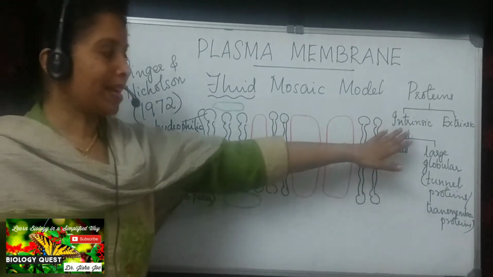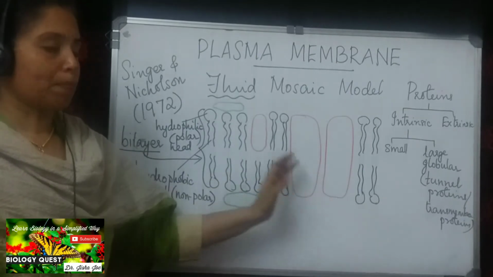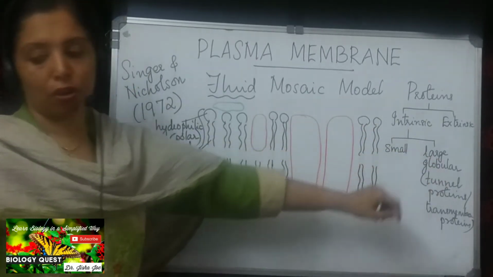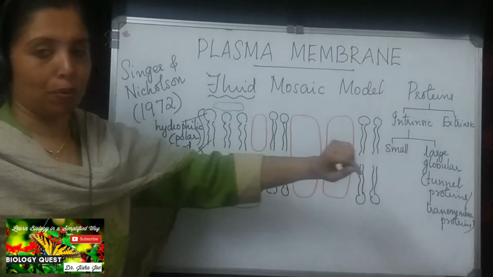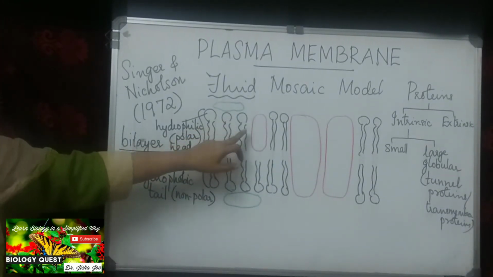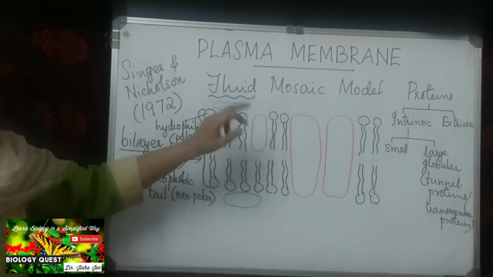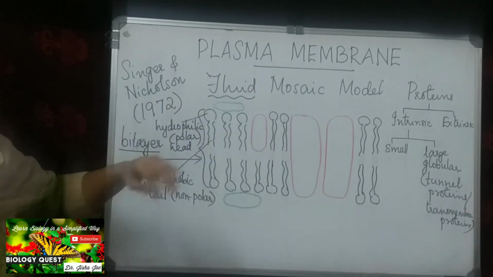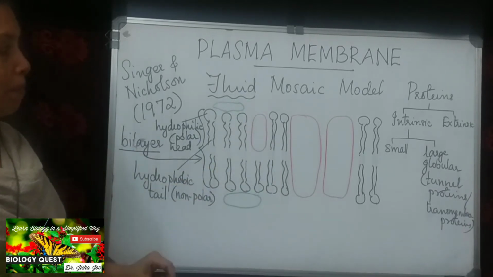Again, the intrinsic proteins which I have marked in red are of two types, the small integral proteins and the large globular proteins. The small integral proteins are embedded in the phospholipid bilayer with one surface exposed, and the rest of the protein is embedded in the bilayer.